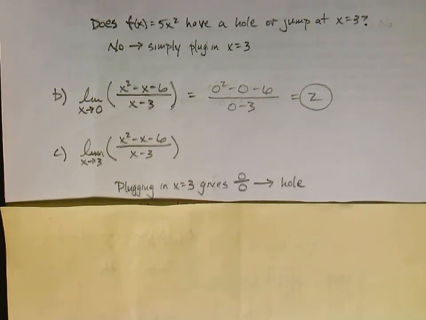It goes back to an idea that came up in the review, and I know you guys are completing that on your own, and you might not necessarily have any questions. But there were some problems where you had to determine where there are vertical asymptotes versus holes.